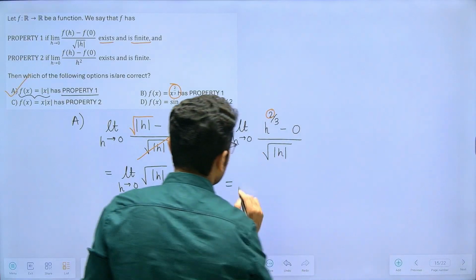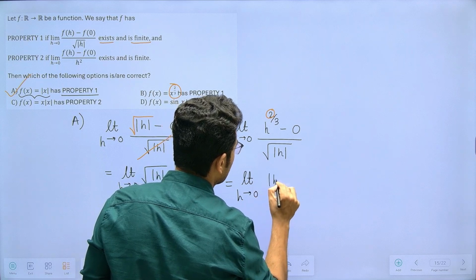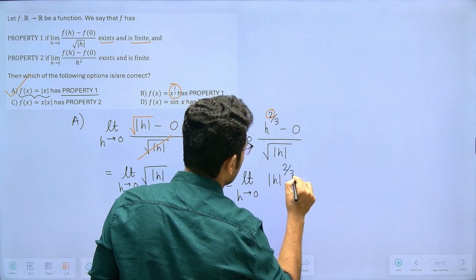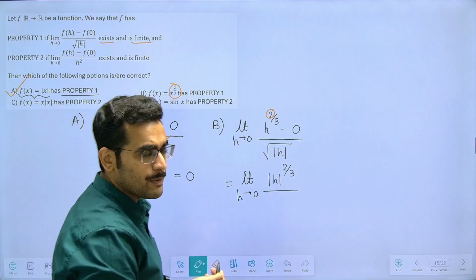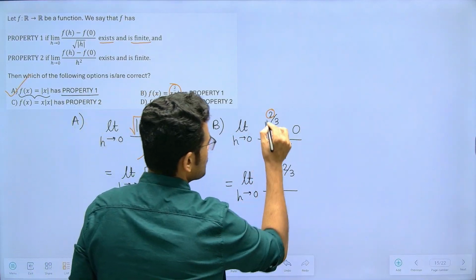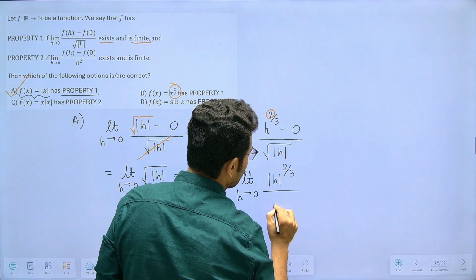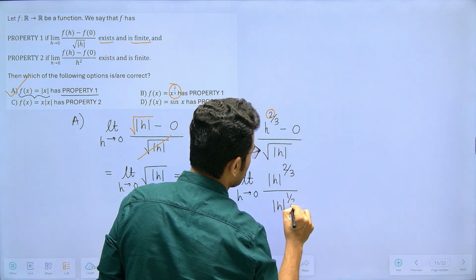So in the numerator, we can safely write it as mod h to the power 2 by 3 also, right? Because the power is an even number, 2 is there. So h may be positive or negative, the result is positive. So mod h power 2 by 3 divided by the denominator mod h power half.